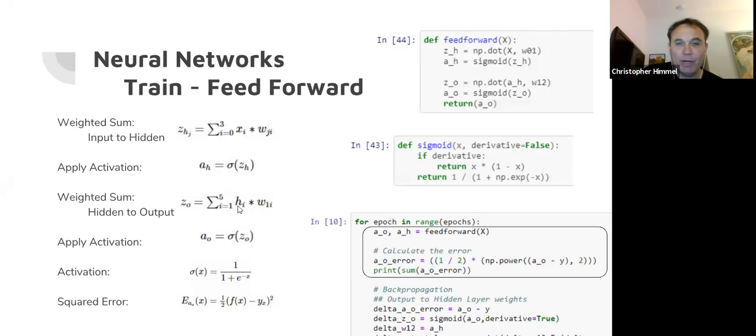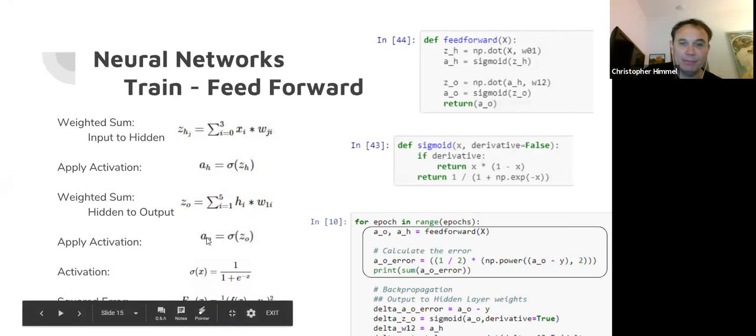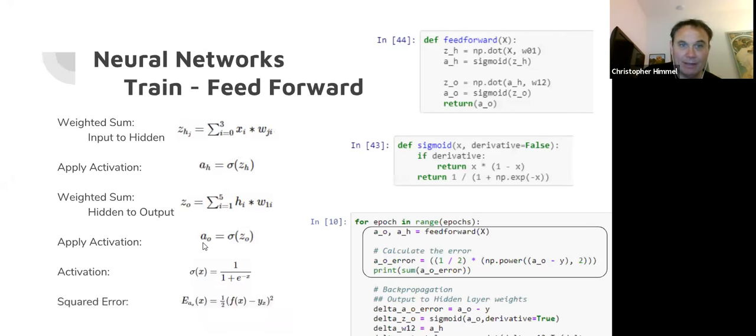We take each one of those outputs of the hidden neurons, multiply by its appropriate weight, and then we have Z, the weighted sum for the output neuron. Then we pass that through the activation function, and we have an A, the actual output. So that's the math for passing it through.